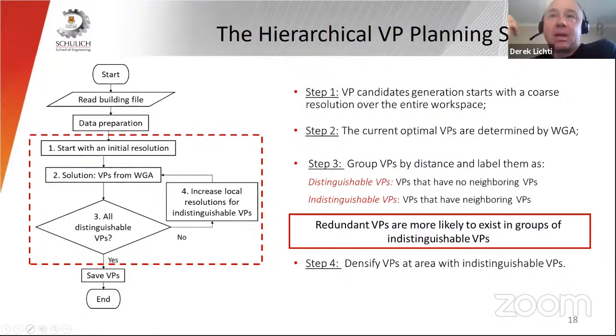We first generate a set of candidate viewpoints at coarse resolution over the entire workspace. Then we use the weighted greedy algorithm to come up with a set of supposedly optimal viewpoints. Then we analyze each pair of viewpoints, and regard them as either distinct, meaning they are separated by a certain distance, or indistinct, meaning they are in close proximity to each other.